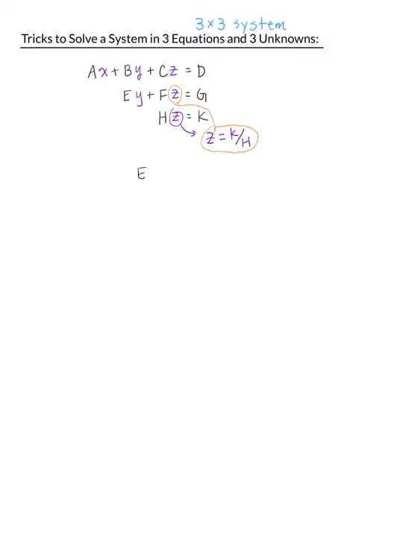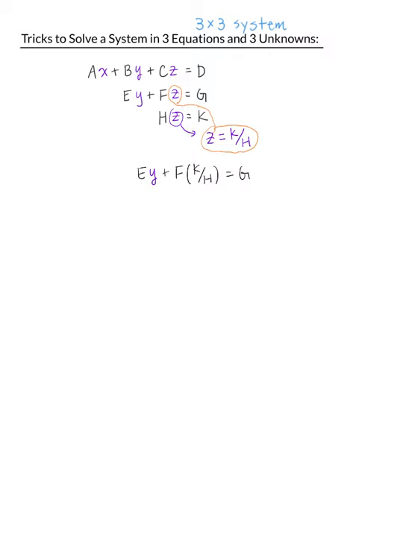Then I can get e times y plus f times z, where z is k over h. It's going to equal g. Remember, y is the only variable, the rest are all constants. From here, do you see that I can easily solve for y?